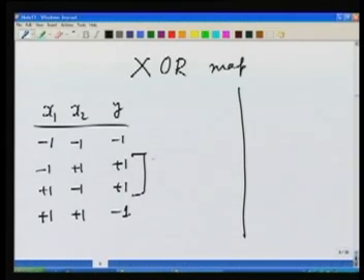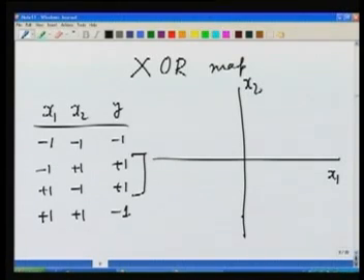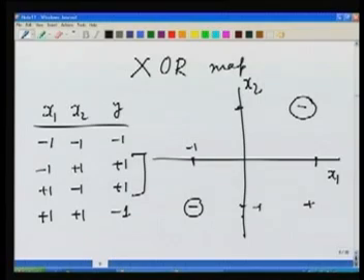Let us look at the graphical map. This is your x1, this is your x2. When you have -1 and -1, you have a minus, and when you have +1 and +1, you again have a minus. In the other two cases, (+1, -1) and (-1, +1), you have a plus.